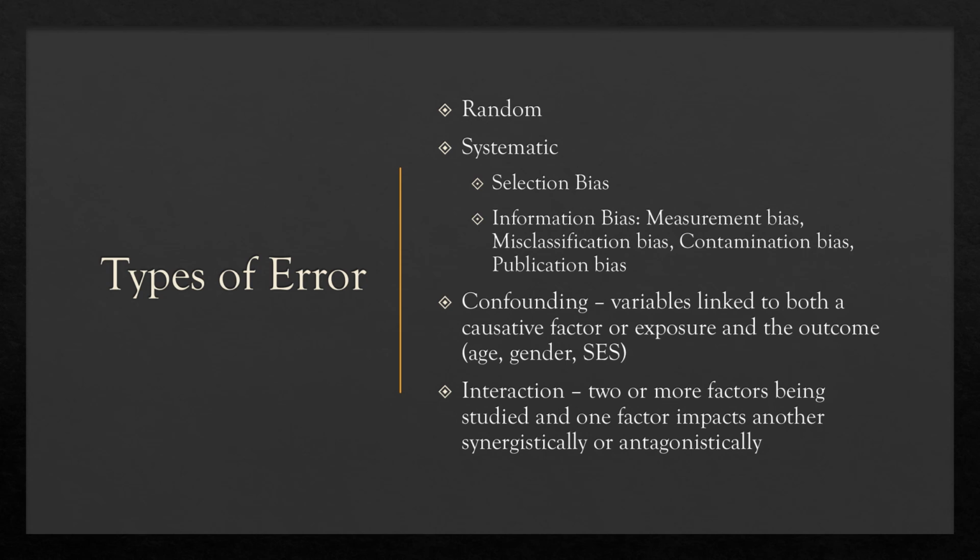And then interaction is when two or more factors are being studied, and one factor impacts another one, either augmenting it, like synergistically increasing it, or decreasing it, so working against it antagonistically. So those are also factors.